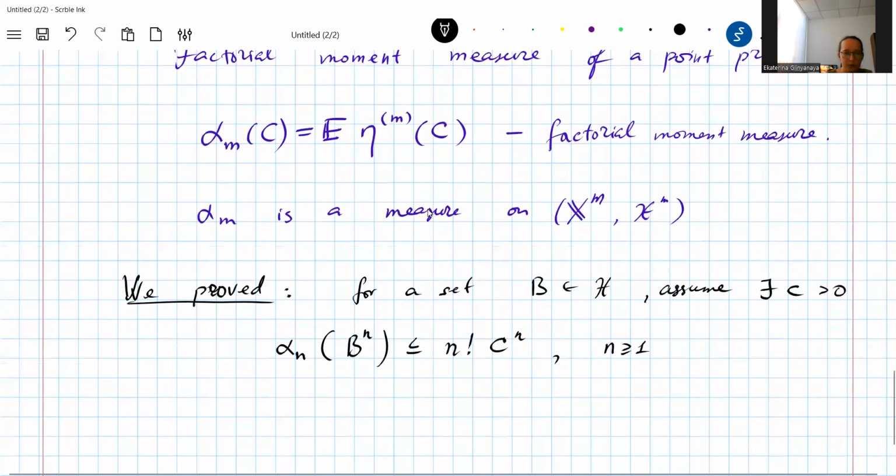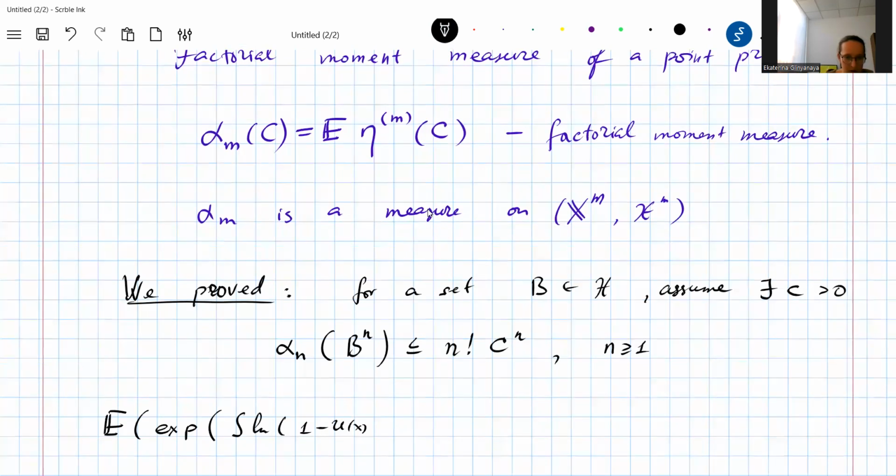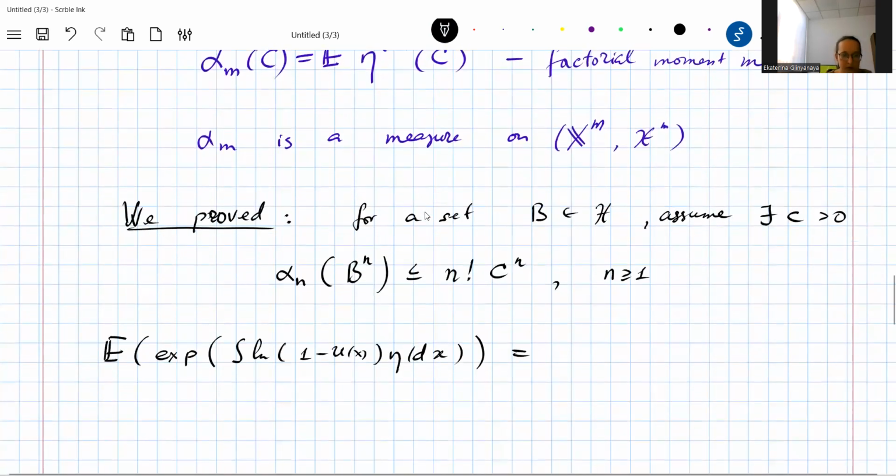And we proved that such a formula, the expectation of the exponent of the integral of logarithm of 1 minus u of x, eta dx, is equal to a series. So we represent this expectation of the exponent as a series, from n equals 1 to infinity, minus 1 to the power n over n factorial.